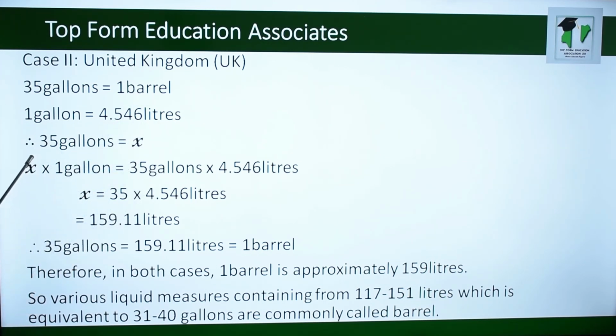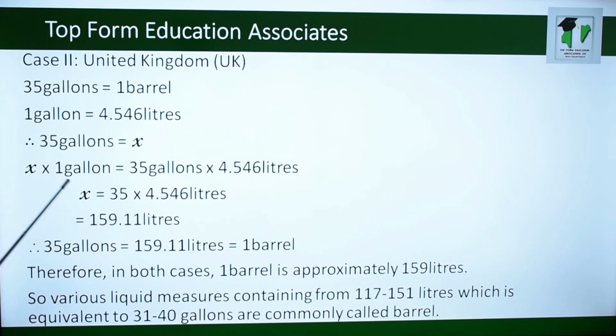So what will now be the value of 35 gallons in liters? We multiply: X times 1 gallon equal to 35 gallons times 4.546 liters. So what will cancel out here is gallon against gallons.